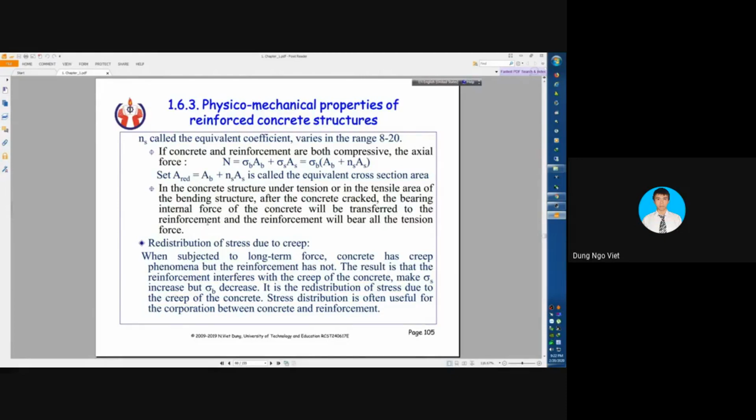Another important point is the distribution of stress due to creep. When subjected to long-term force, concrete has creep phenomena, but the reinforcement has not.